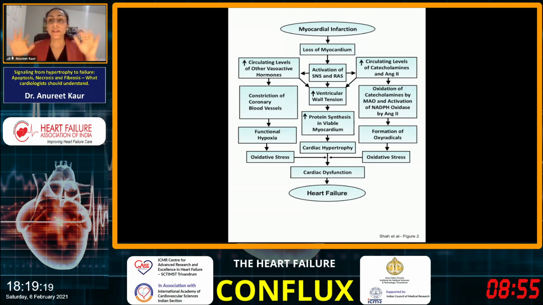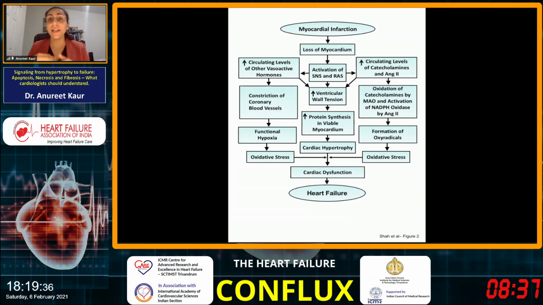All these hormones then will increase the ventricular wall tension. Of course, that is happening, and this is, I would say, a compensatory mechanism for the heart to deal with that stressful situation which happened because of infarction.